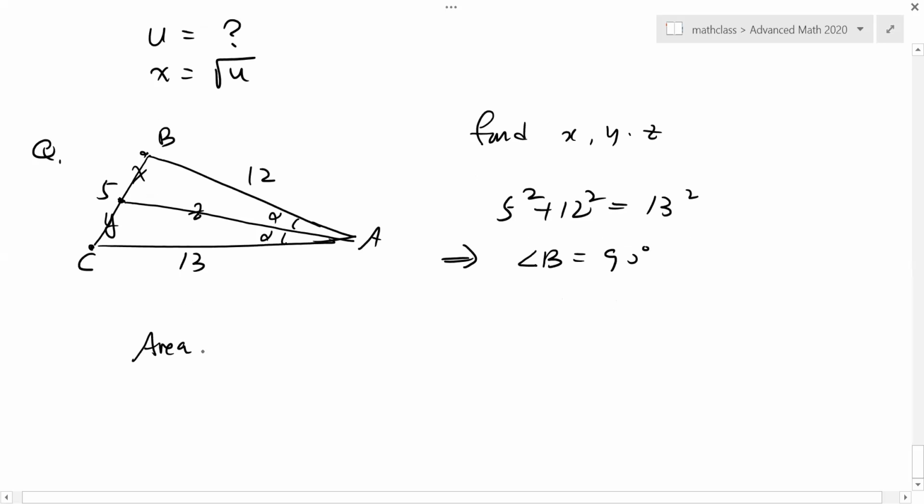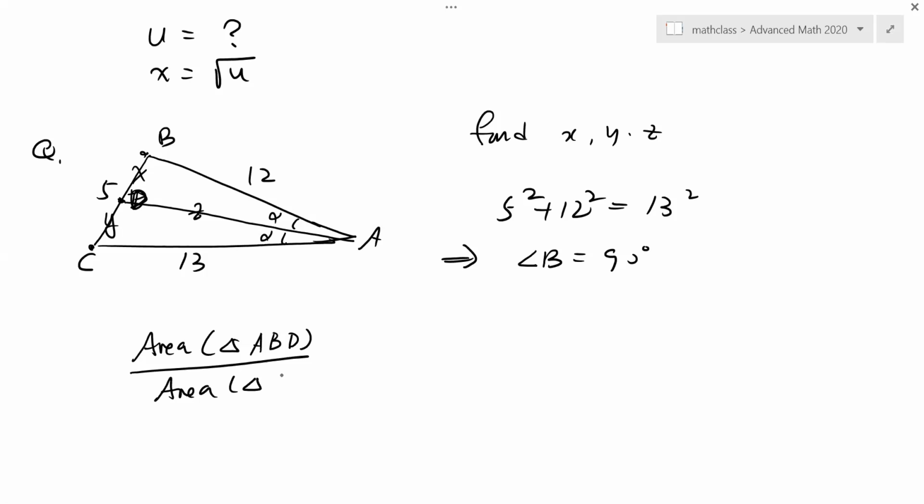If they have the same angle, then the ratio of the areas, A, B, C, let's call D, A, B, D over the area of triangle A, C, D, okay?